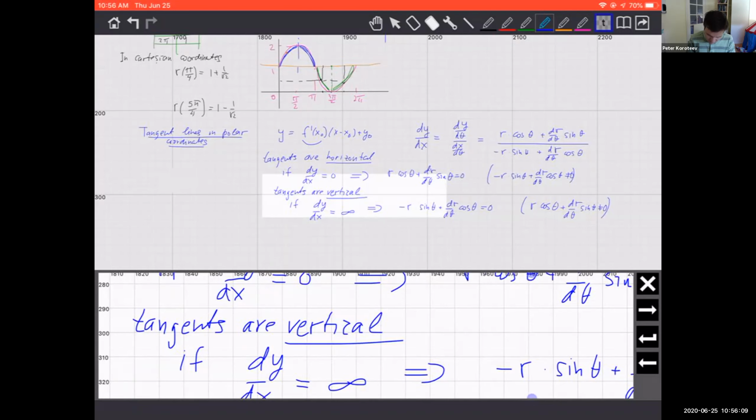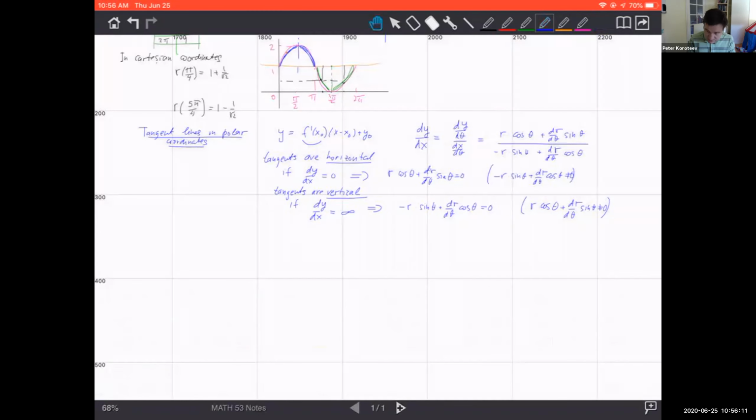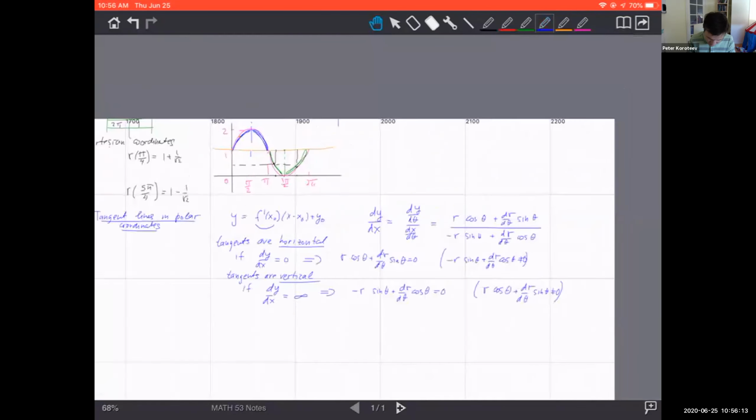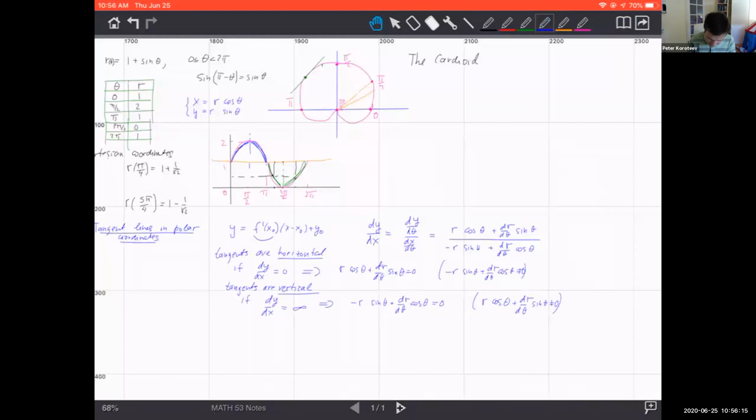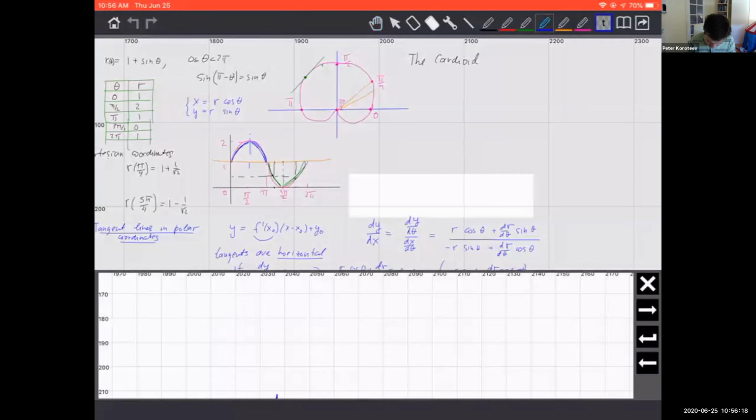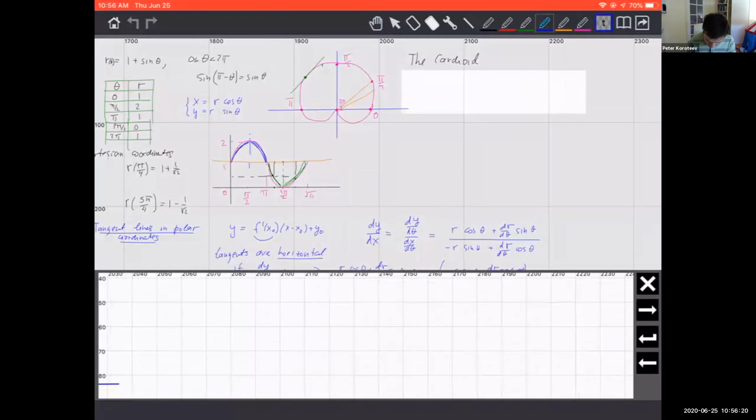Okay, now maybe I can go up a bit, and we'll apply this calculation to the cardioid. For the cardioid, I'm going to look at the bottom formula and reproduce it on top.